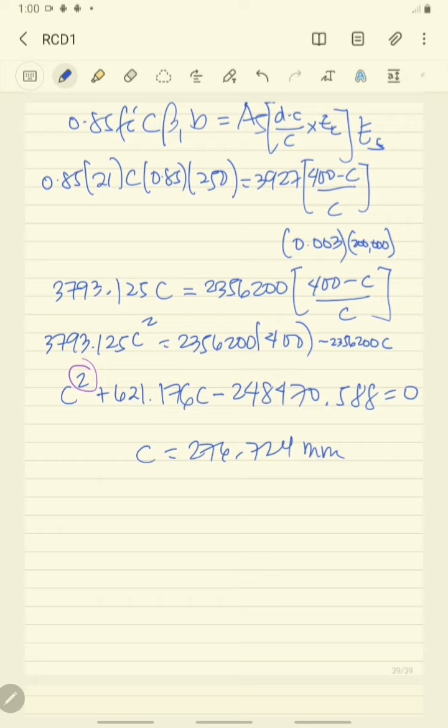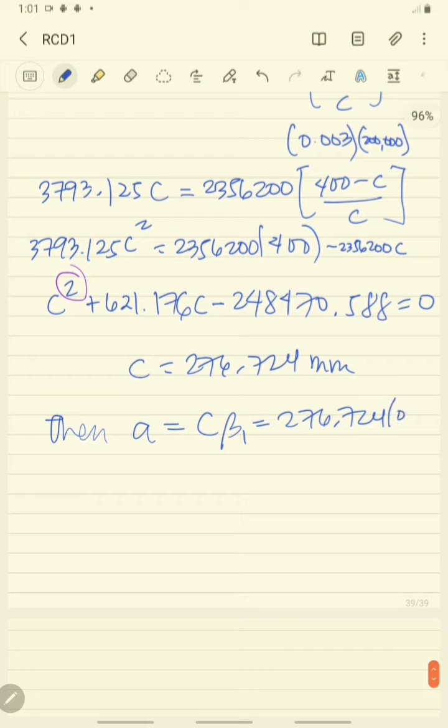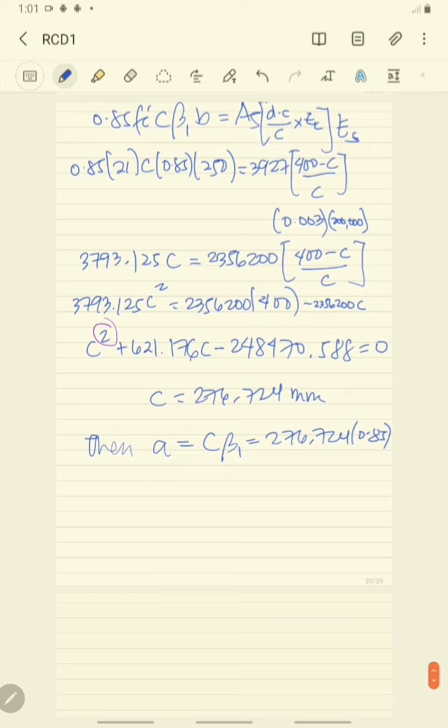Then we can now get our a, which is c times beta 1. So you have 276.724 times 0.85. In getting the c, you can use shift solve, or the quadratic equation, or the calculator's mode 5 for the equation.